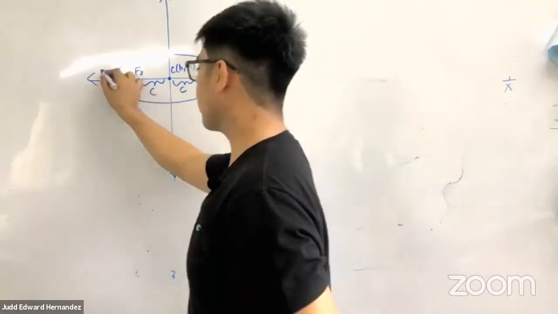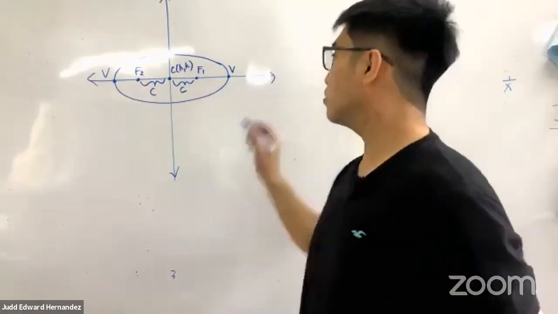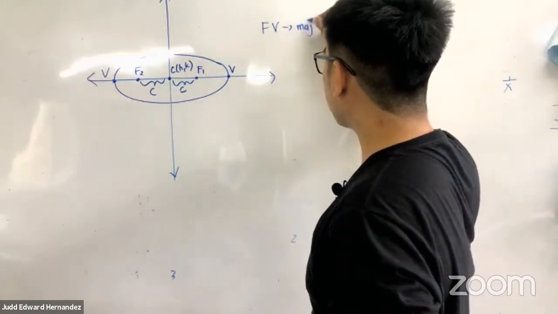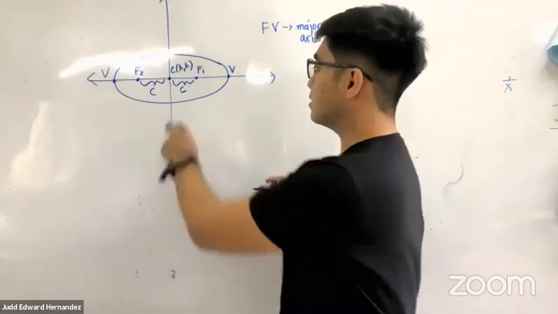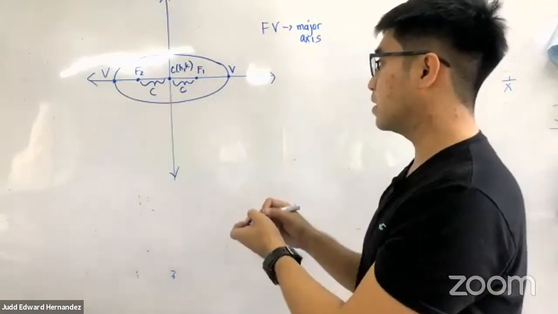Okay. Pag sinabi nating vertices, ibig sabihin, that is the major axis. Kung nasaan si F and V, we call that the major axis. Tatandaan natin kung nasaan si F saka nasaan si V sa plane, ibig sabihin that is our major axis.